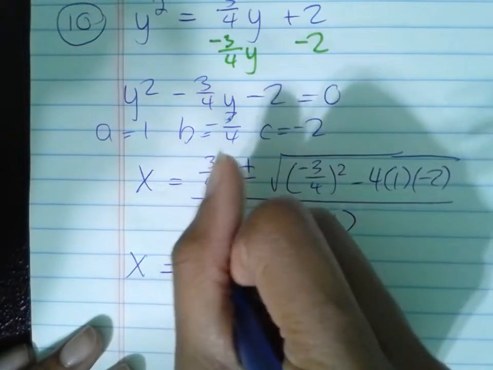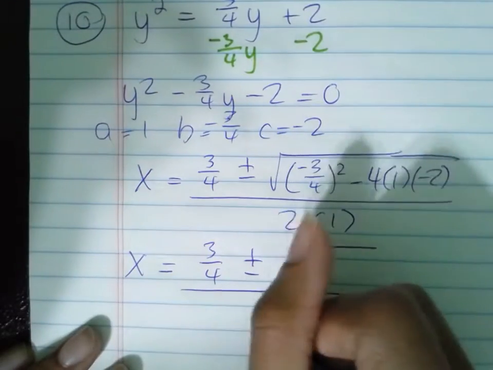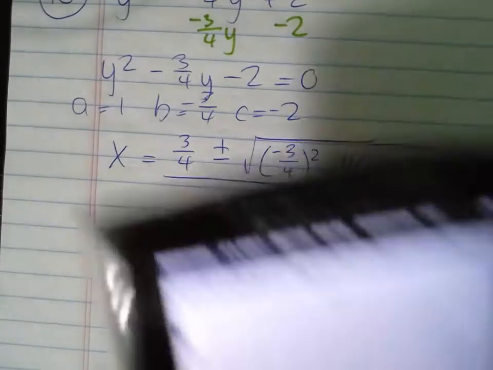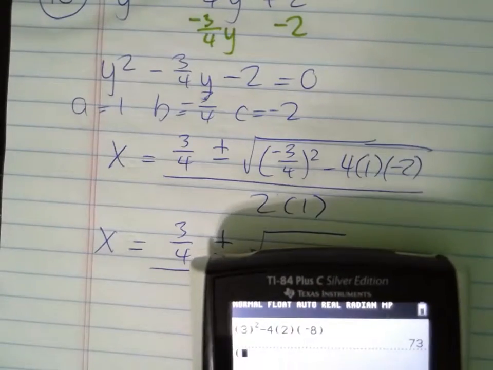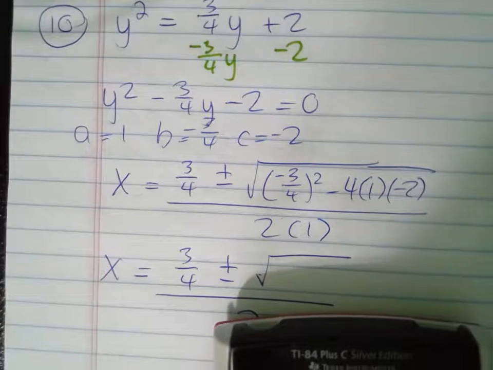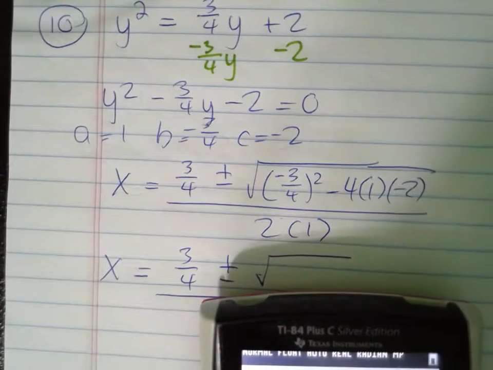So we're going to keep the 3/4 plus and minus, and then the 2. All right, negative 3/4 squared. Make sure you include the negative there. Minus 4 times 1 times negative 2.